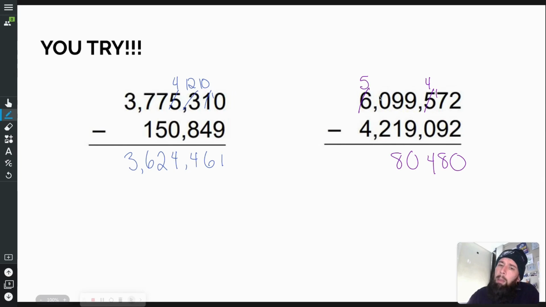Borrow from 6, make you a 5, make you a 10. 10 minus 2 is 8. 5 minus 4 is 1. 1, 2, 3, comma, 1, 2, 3, 1,880,480.